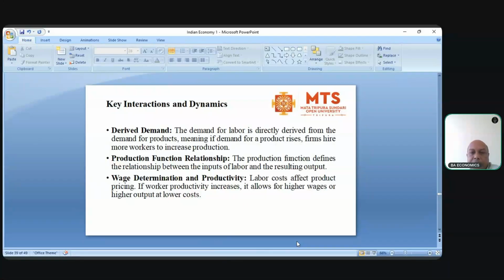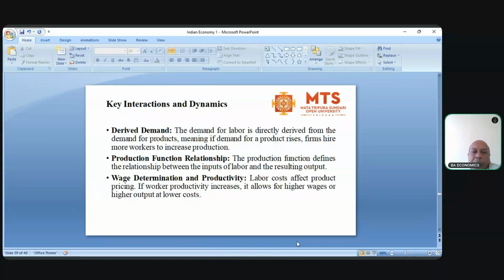Wage determination also: I said previously that labor supply also depends on wage. When wage increases, then labor supply also increases. And here one most important thing is the productivity of the worker.